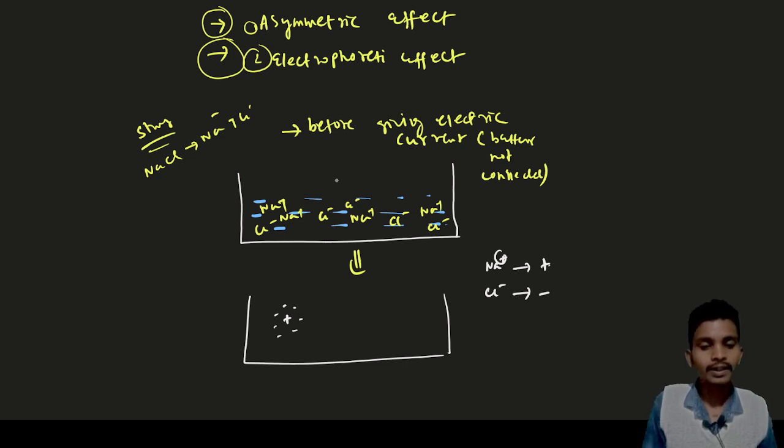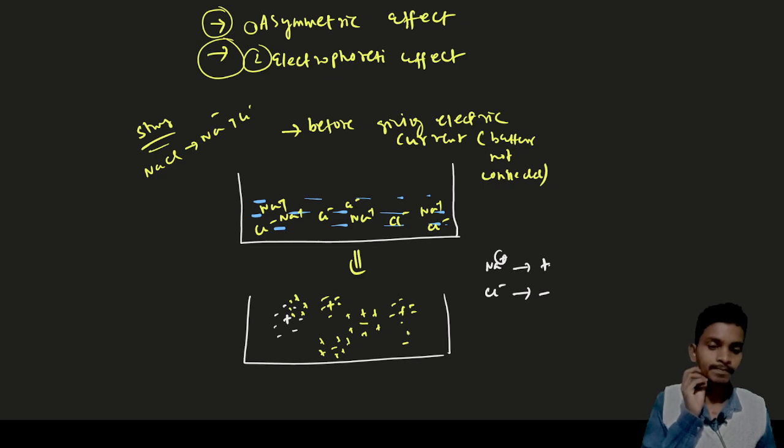And if there is a negative charge, then definitely positive charges are around it. Similarly the whole solution is filled like this: positive charge, then negative, then positive. This is before connecting the battery.